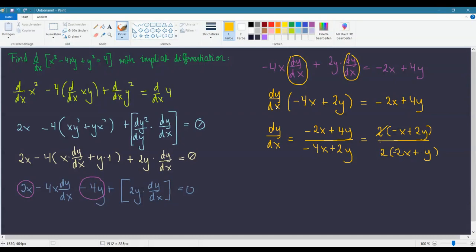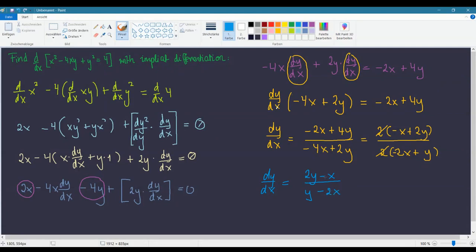And then we're going to just cancel those out. Go to another color so we didn't start to get confused. So we're actually ending up with dy over dx is 2y minus x over y minus 2x.